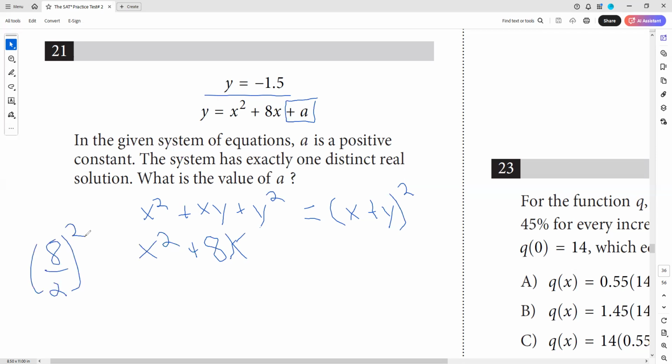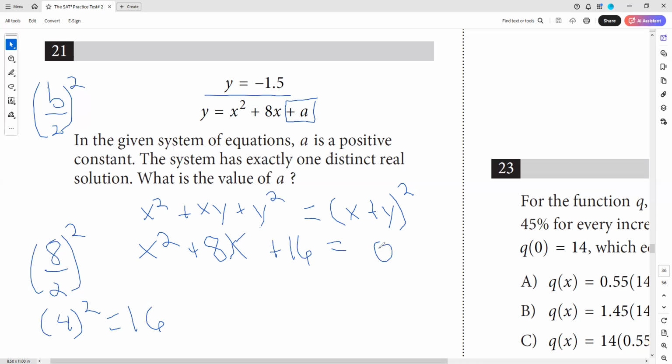So 8 divided by 2 is 4, and 4 to the second power is equal to 16. But that's not a. All right. So the perfect trinomial is x squared plus 8x plus 16 equal to 0.